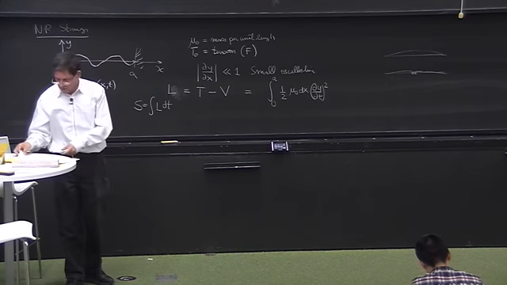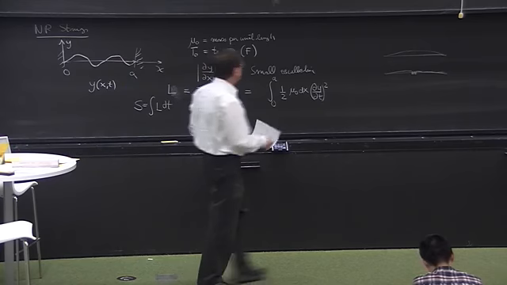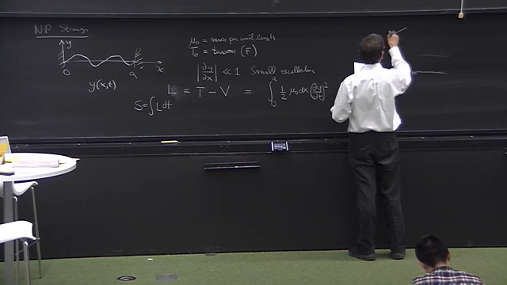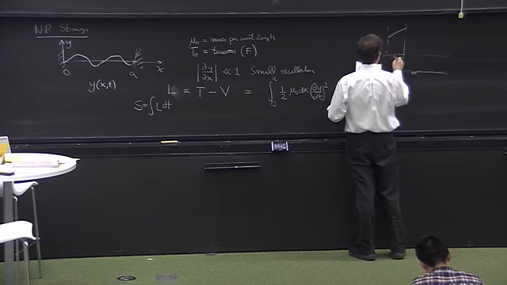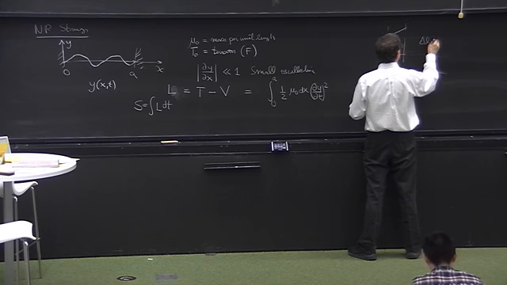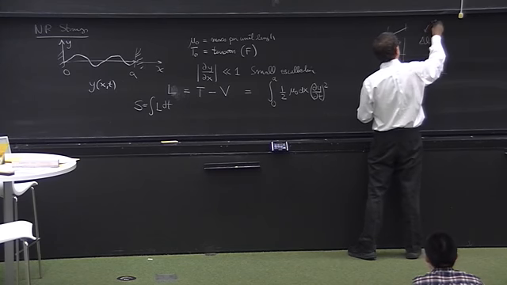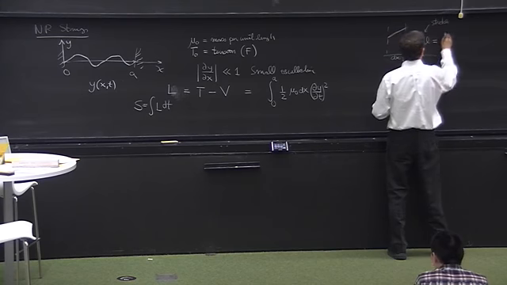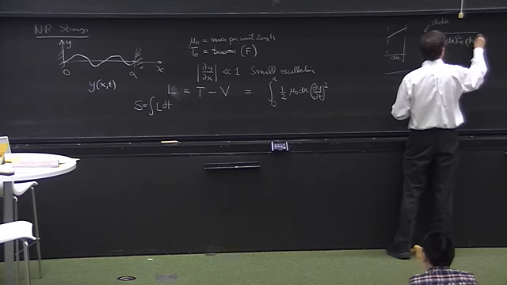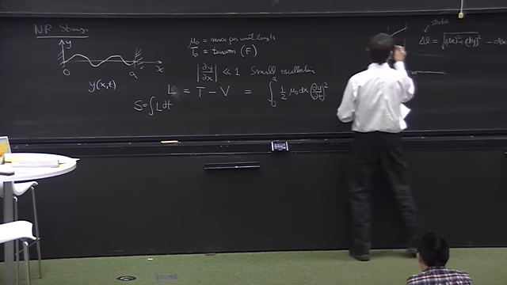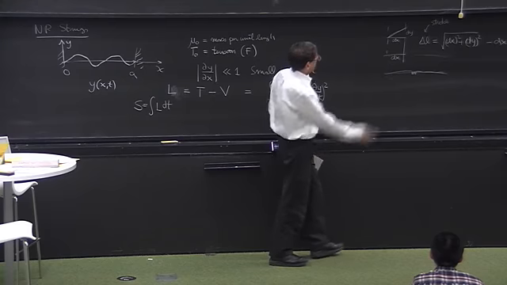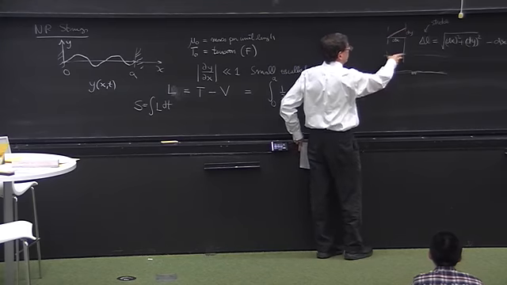So what is the stretching of a little piece of string? Well, if you have a little piece of string over here, here's a dx, the stretching, delta L, is the square root of dx squared plus dy squared minus dx. Here's dx, here's dy. Well, it's the length of this hypotenuse minus that.